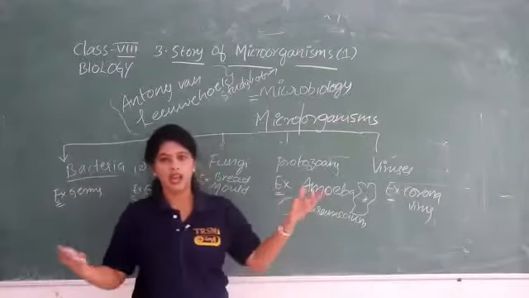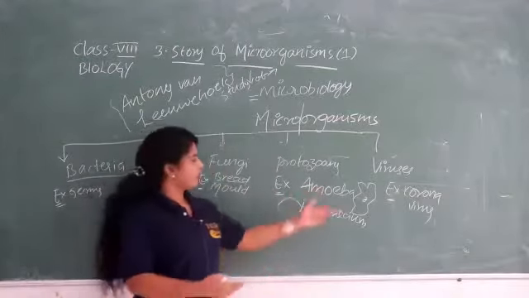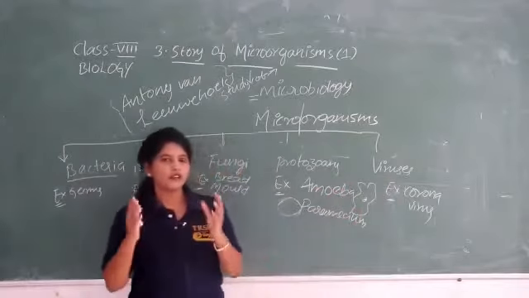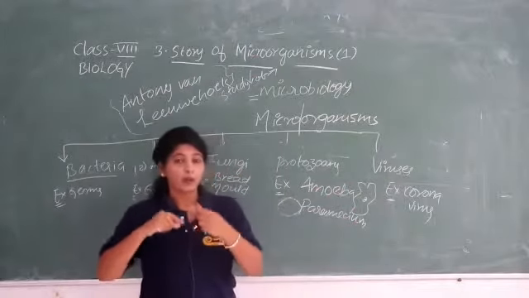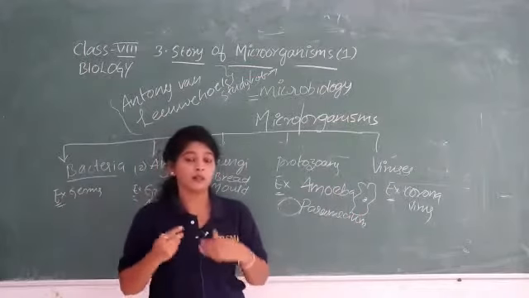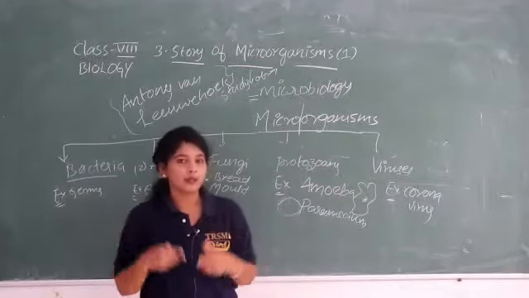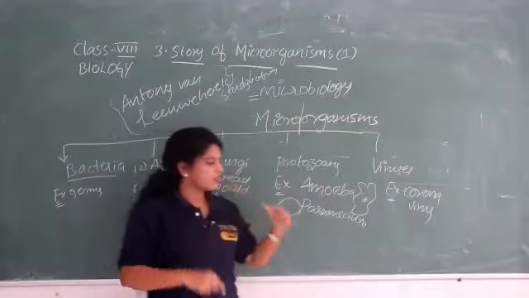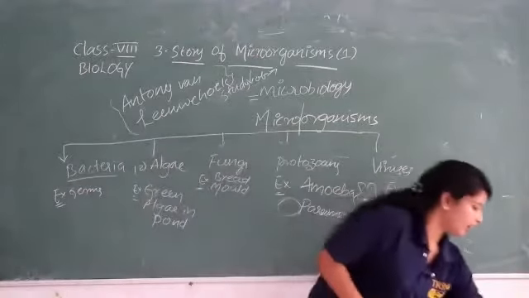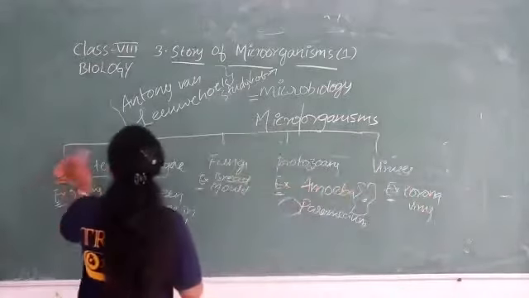And the protozoans, amoeba and paramecium I can show you, right? And the virus, I'll give you a number of structures of the virus, okay? And what these microorganisms cause, what they lead to, what they depend upon. So that we're going to discuss now in a bit of detail, okay?